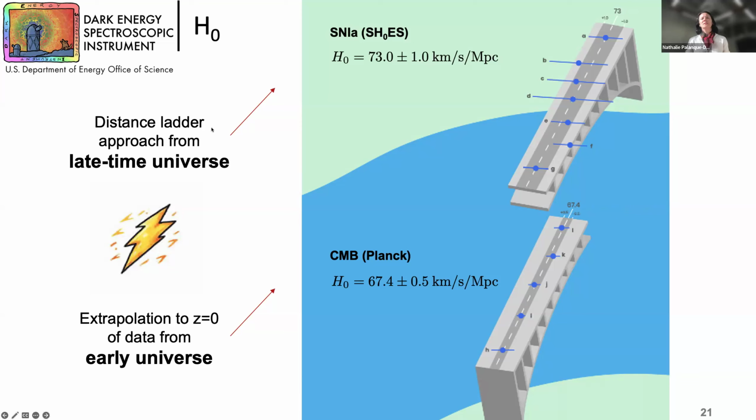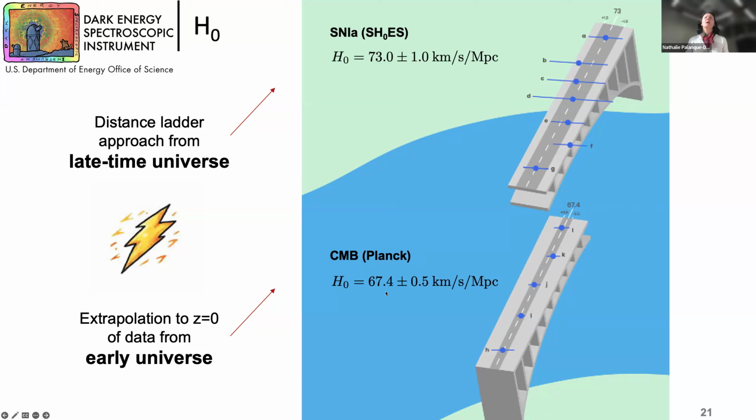One of the approaches is to use the distance ladder approach from the late-time universe, where we determine H0 through a succession of steps, like in a ladder, where we first start out with parallax measurements to have a direct determination of the location of the galaxies, and then we use that to calibrate the next step of the ladder using pulsating stars, or Cepheids, themselves used as a calibration to the next step to go to the more distant universe, where we can start using the type Ia supernovae to study the expansion rate of the universe. And this distance ladder approach gives a pretty high value of H0 of 73 kilometers per second per megaparsec.